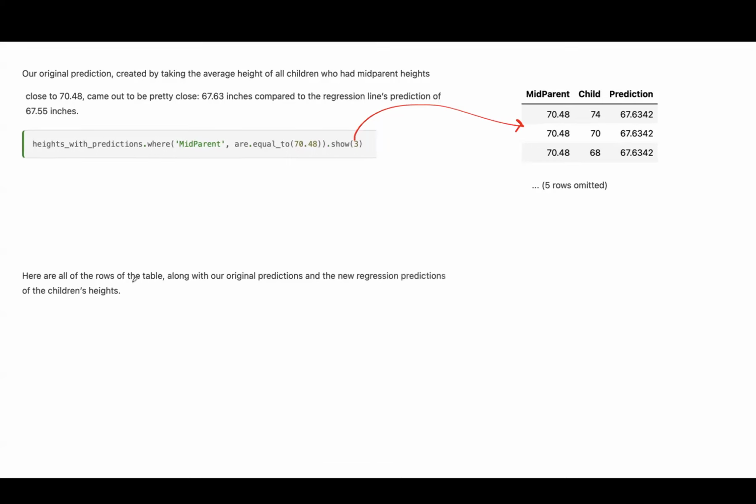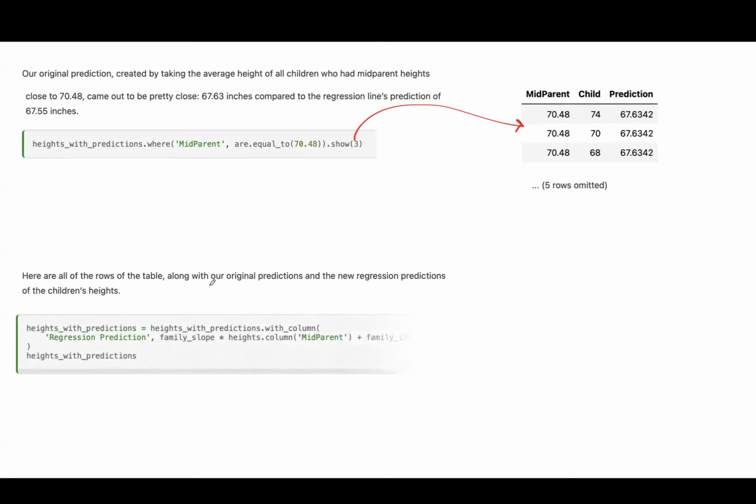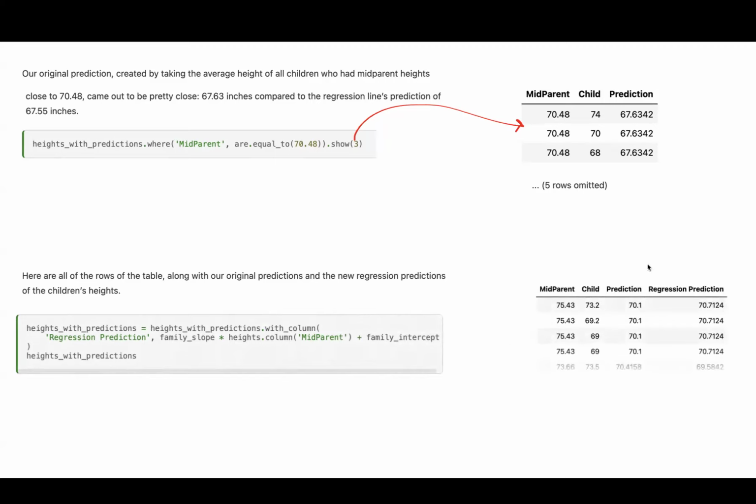Here are all of the rows of the table along with our original predictions and the new regression predictions of the children's heights. Please note that some of them are just presented here and the rest are omitted.